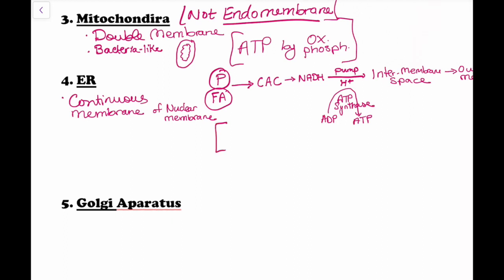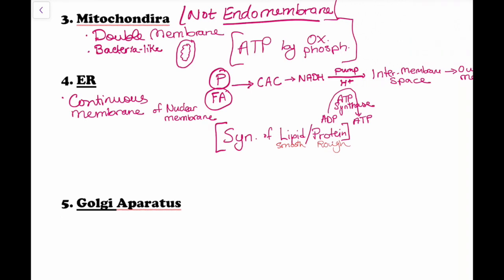The major function of ER is synthesis of lipids and protein. And we said protein, smooth ER, lipids, the other way around. Lipids is smooth ER, whereas proteins is your rough ER with the ribosomes on them.